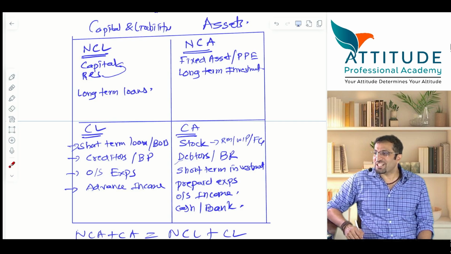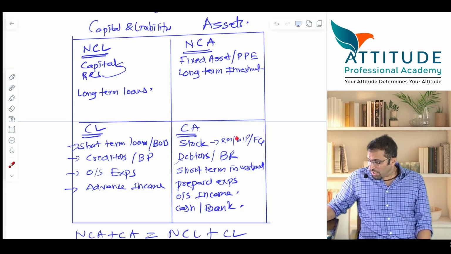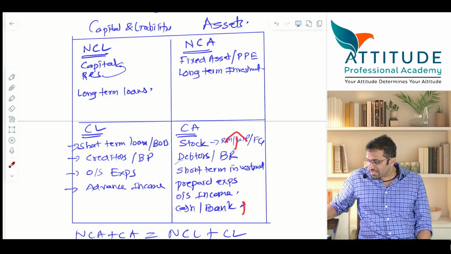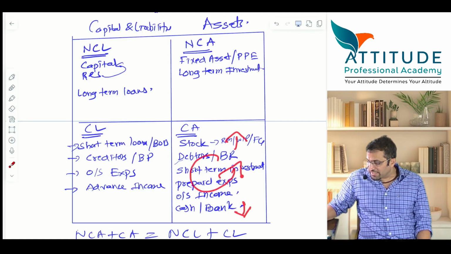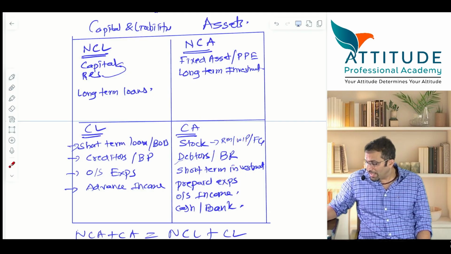Vinayak sir purchased goods for cash. Stock increases, cash decreases. So this is a change within the CA. Change within one CA increases, another CA decreases. Clear?